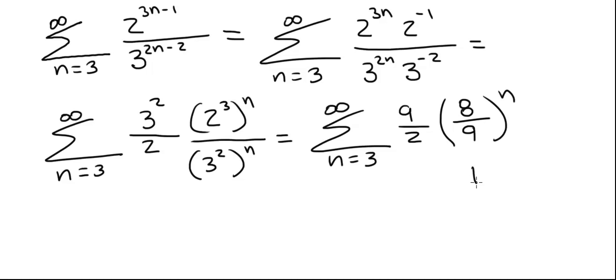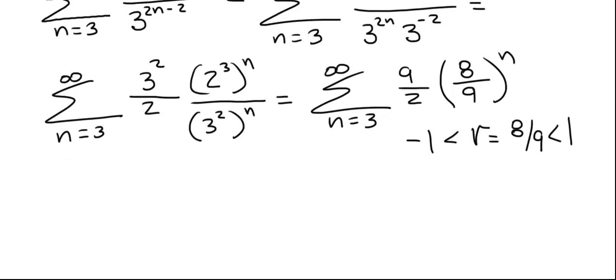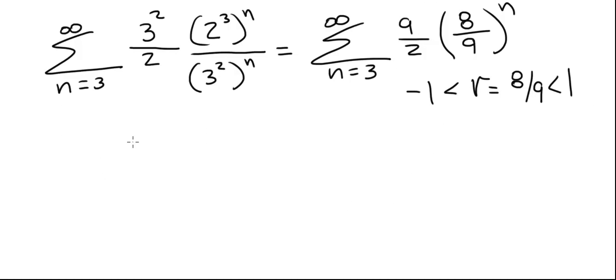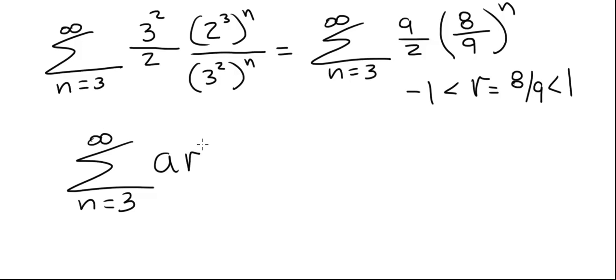It's geometric. R, the ratio between terms, is 8 over 9, which is less than 1 and greater than minus 1. This means that the series is going to converge. But now we have to determine what it will converge to. When a series starts at 3, its standard form is a times r raised to the n minus 3 power.